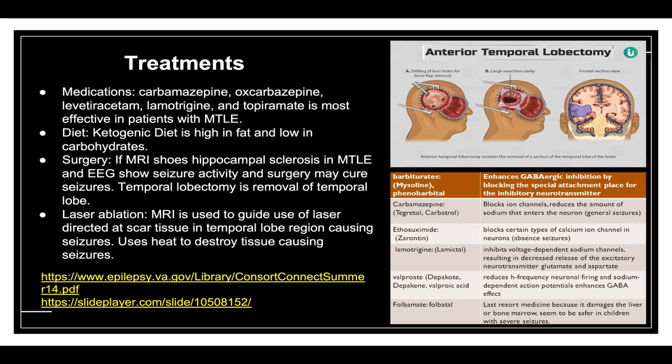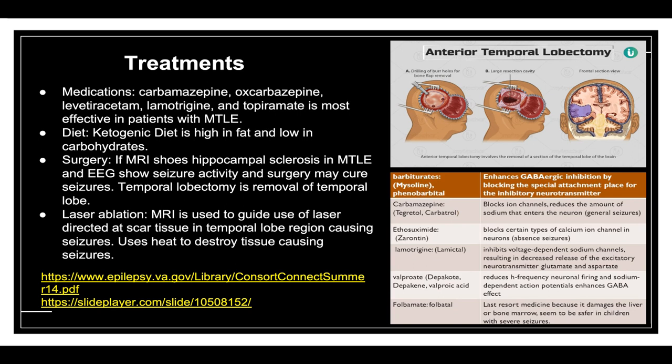And then there is levetiracetam, also lamotrigine and topiramate, which is most effective in patients with MTLE.